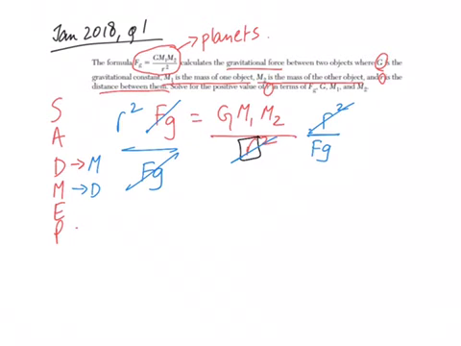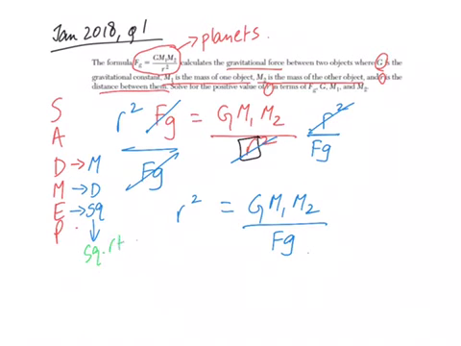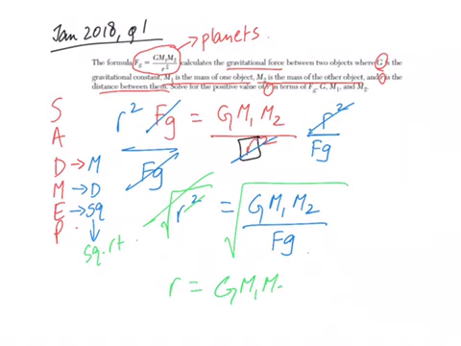So this will cancel. So now we have G m1 m2 divided by Fg. Then we see an exponent. It's a square. What's the opposite? Square root. Let's take the square root on both sides. So r is equal to G m1 m2 divided by Fg, and then the square root.